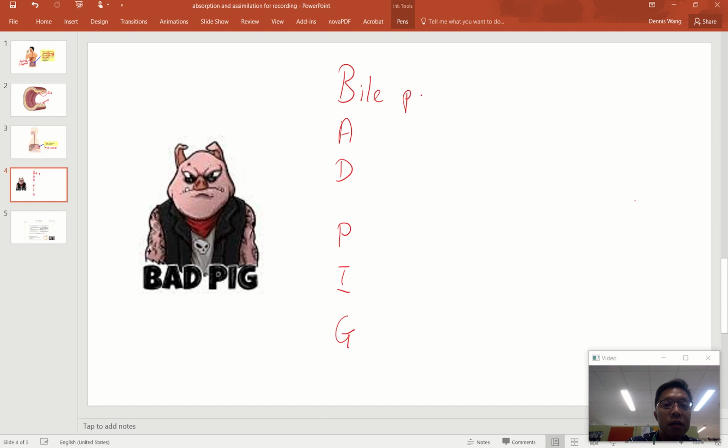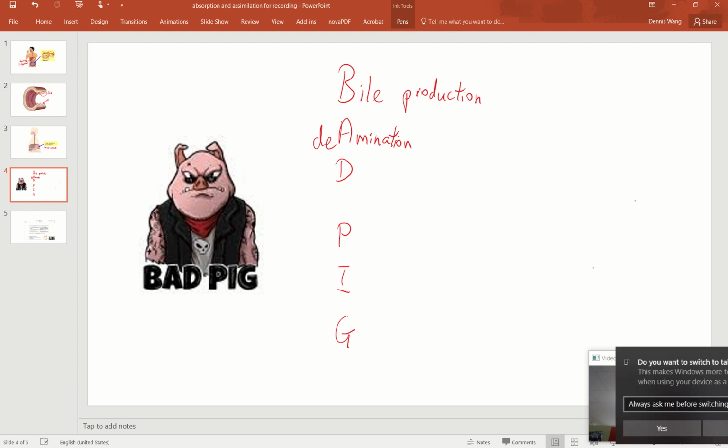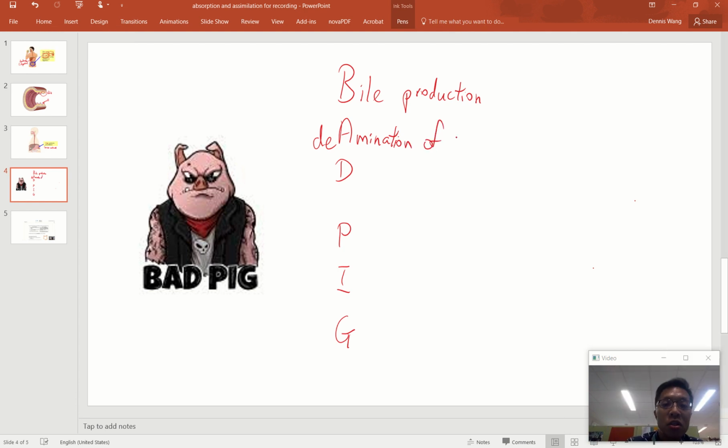The liver produces bile. A stands for deamination of amino acids, the deamination of excess amino acids.